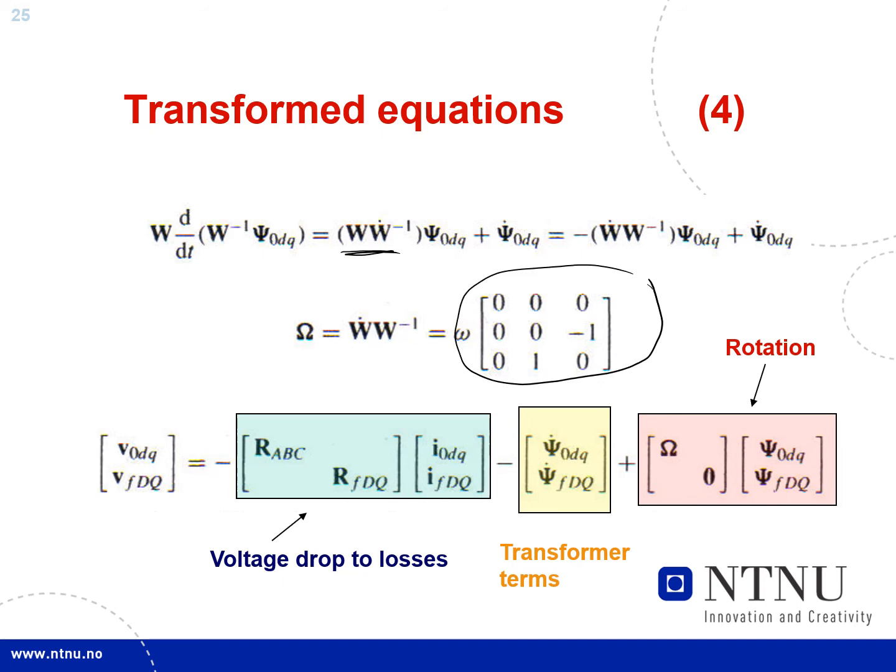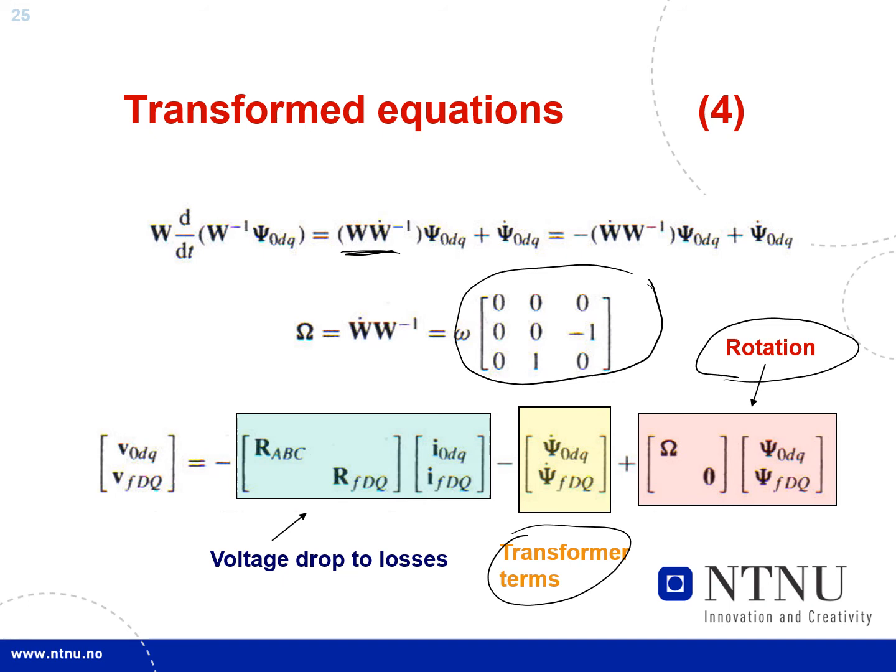So when we put this together, we find that the final model of the induced voltages consists of 3 terms: the trivial voltage drops due to losses, resistances, and the transformer terms that are proportional to the rate of change of the fluxes, and a term here that is due to the rotation.